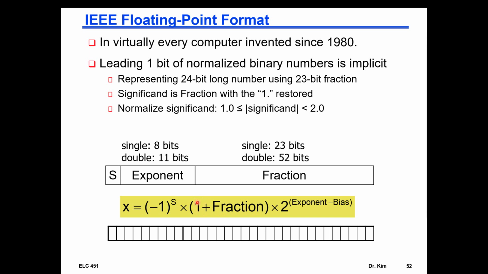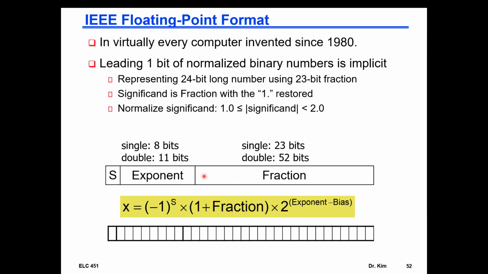And since the 1 is implied, we don't have to store that 1. It's always there. We just have to store this fraction, and we're going to store it in the lower or the least significant bits. And then that is going to be multiplied times 2 raised to the exponent bits, which are in the field between the sign and the fraction, minus a bias, which is different for the single format and the double precision format.